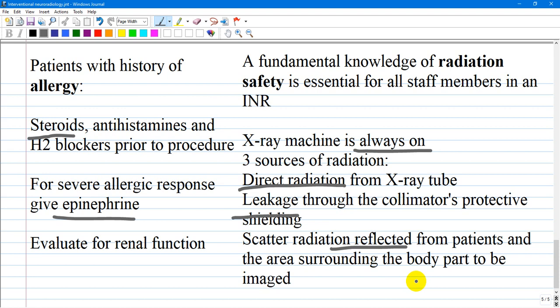Optimal protection involves the use of lead aprons, thyroid shields, eye protection, and radiation exposure badges. The lead aprons should be periodically evaluated for any cracks in the lead lining that may allow accidental radiation exposure. Movable lead glass screens may provide additional protection for the anesthesia team.